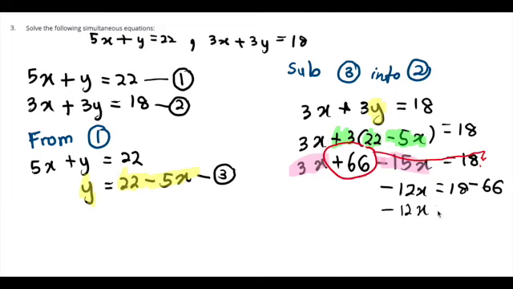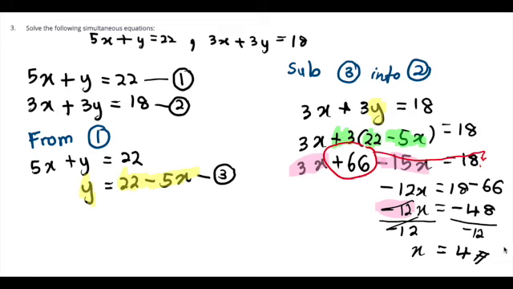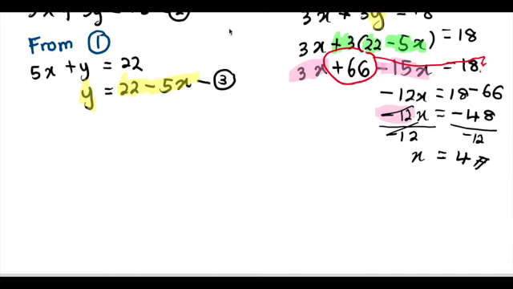Okay. So negative 12x is equal to negative 48. Divide by negative 12 because we only want to find x equals what. So x equals negative 48 divided by negative 12, which is 4. Okay, next we need to find the value of y.